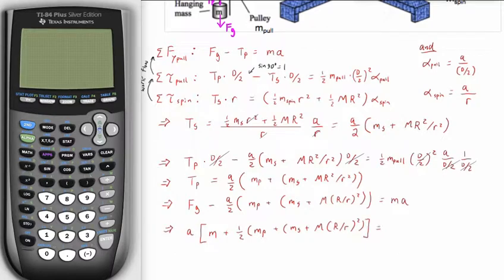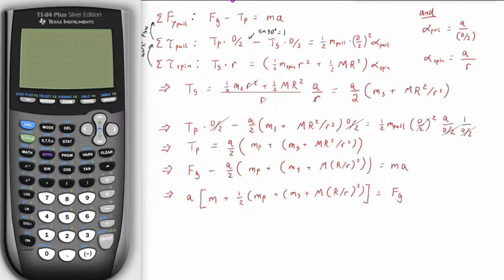And then that's going to equal FG, which finally gives us our final expression that A is going to be mg, just rewriting it, and then m plus 1/2 mp plus ms plus big M r over r squared. Close that off. Okay, looks great.